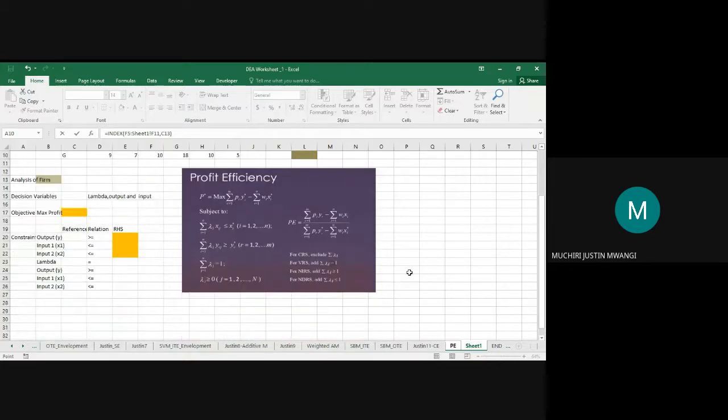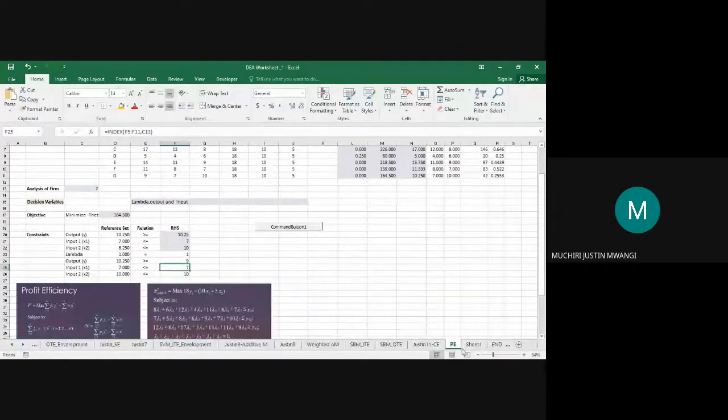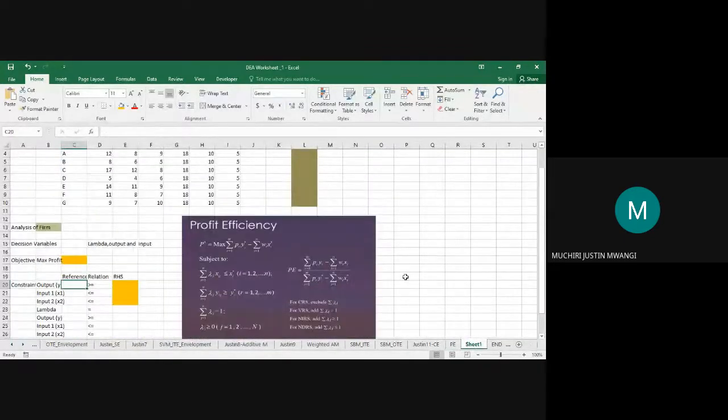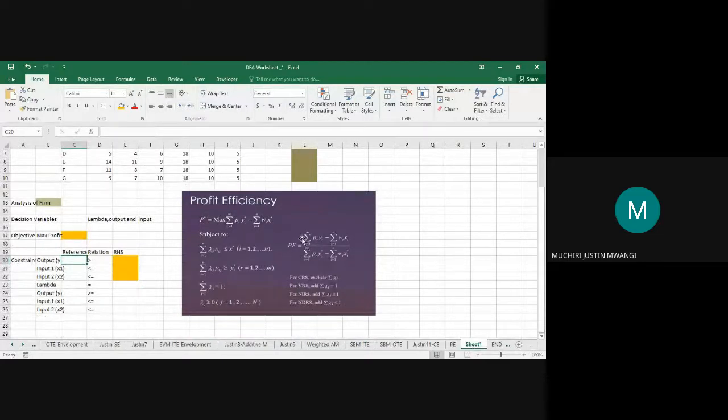And what is profit efficiency? If you see from the cursor, profit efficiency is a ratio between the actual output and the expected maximum profit that we can achieve.